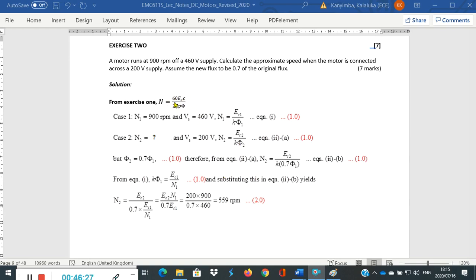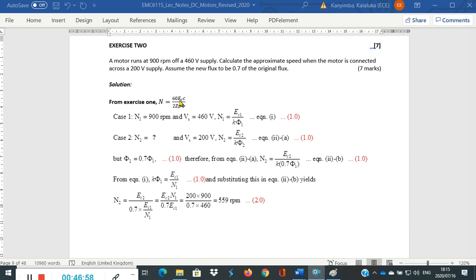N is equal to 60 times EC times C divided by 2 times Z times P times phi. C is constant, 60 is constant, 2 is constant, Z is constant, P is constant. If we keep phi constant, or we change it by a small amount, we see that the speed is directly proportional to the counter EMF.